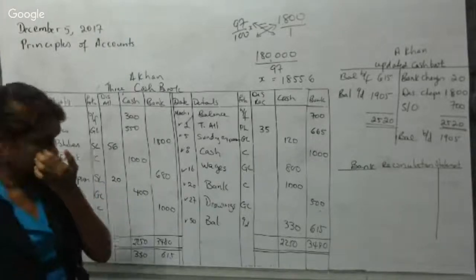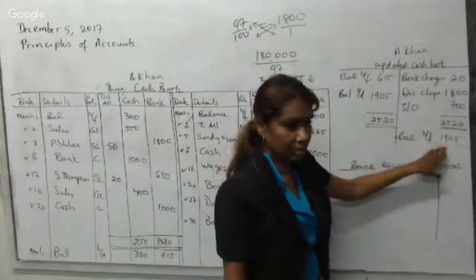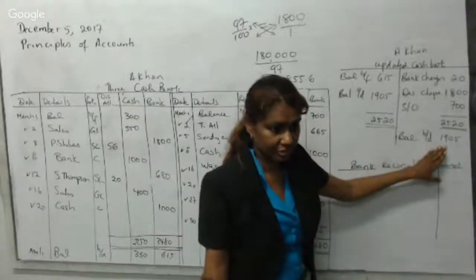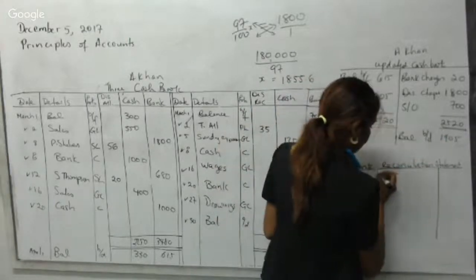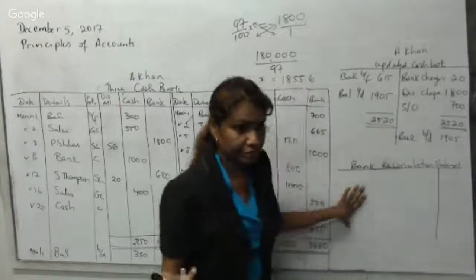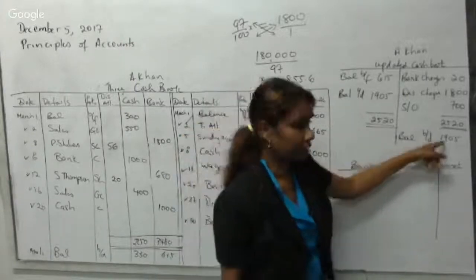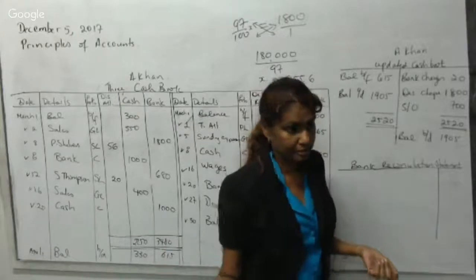In some instances that's not possible because the bank statement may not be given. But where both balances are given, they could be specific and say start with one. If they ask you to start with the bank statement balance and you do it this way, they will penalize you because you have not followed the instructions.